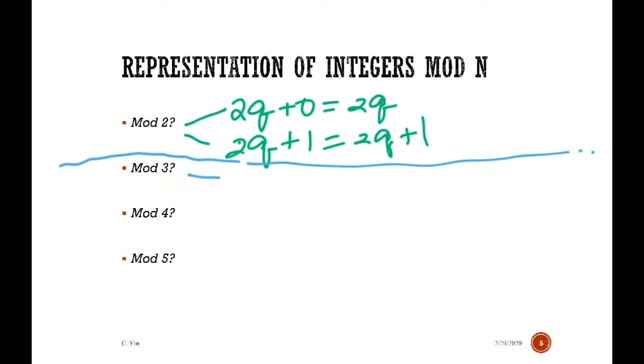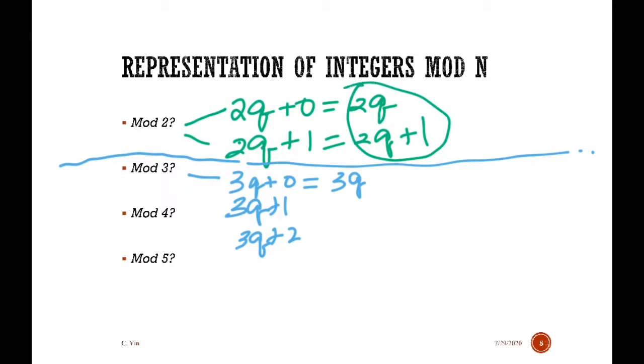And so what that tells me is that when I'm doing things mod 3, I could have any of these scenarios. And of course you can just write this one as 3q. So up here, that's the way you would represent it. Down here, these are 3 ways that you could represent something when you're doing something mod 3.